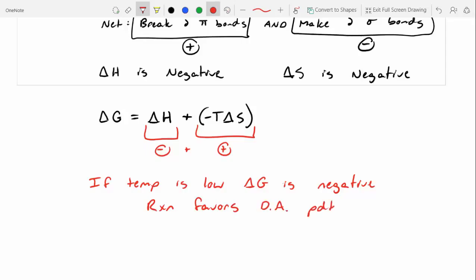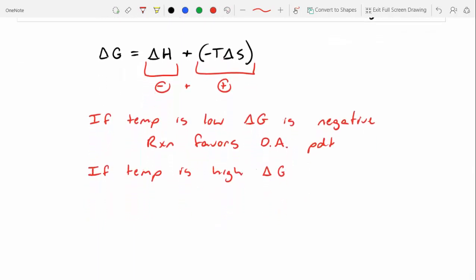However, if we think about the temp being high, things change. Delta G, if temp is high, now actually becomes positive. It overcomes that enthalpy value that is negative, and delta G is positive. And now the reaction favors the starting materials.